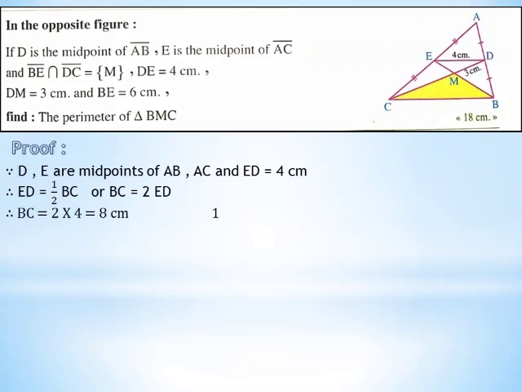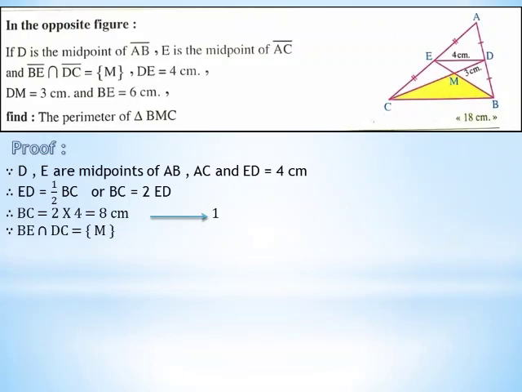You want to get the perimeter of the yellow triangle. The perimeter means I have to find the three lengths and add them at the end. First, the length of BC equals 8. This is number 1. Let's find the lengths of MC and MB. BE and CD intersect at the point M. We said yesterday that any line from the vertex to the midpoint of the opposite base is a median.